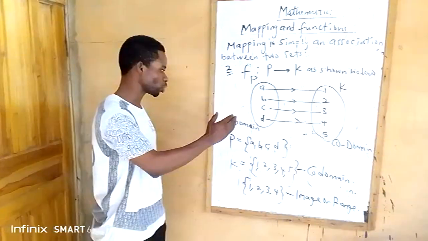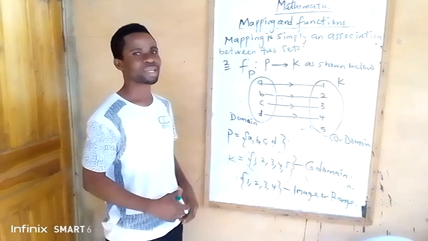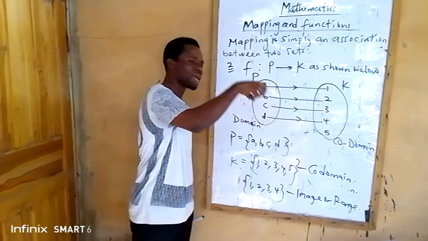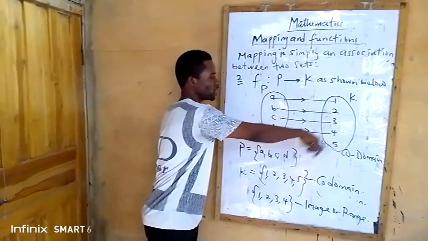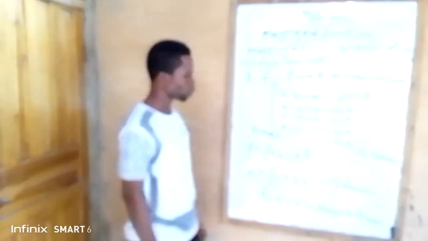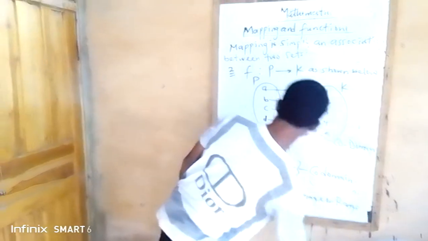See, if you go observe also, I told you the codomain elements are real numbers. And anytime the codomain elements are real numbers like this, it means this diagram is also a function. You can call it a function, you can call it mapping. What does that mean?